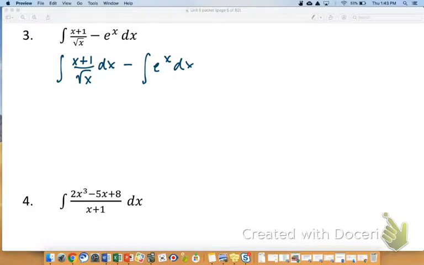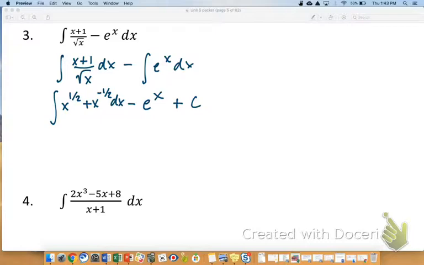We know the antiderivative of e to the x is just e to the x, so our second term is for sure going to be that. Then, over here on the left, we would simplify. No matter how you simplified, you should have ended up with x to the 1/2 plus x to the negative 1/2. I don't know what algebra you used, or maybe you just did it in your head. Doesn't really matter. You should end up with that.